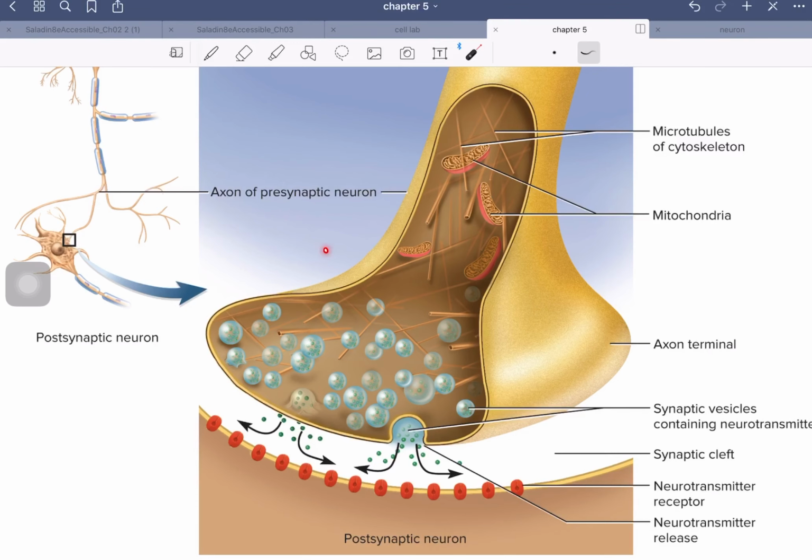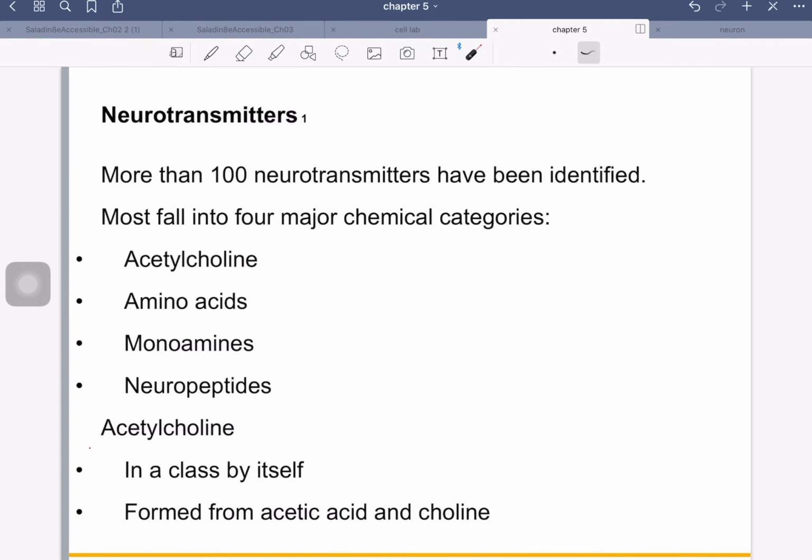And calcium floods in. And calcium allows the vesicles to basically bind with the cell membrane in the presynaptic neuron, and with that fusion of the vesicle, we basically get the discharge or release of the neurotransmitter, which will go across and interact with the ligand gate of the postsynaptic neuron.